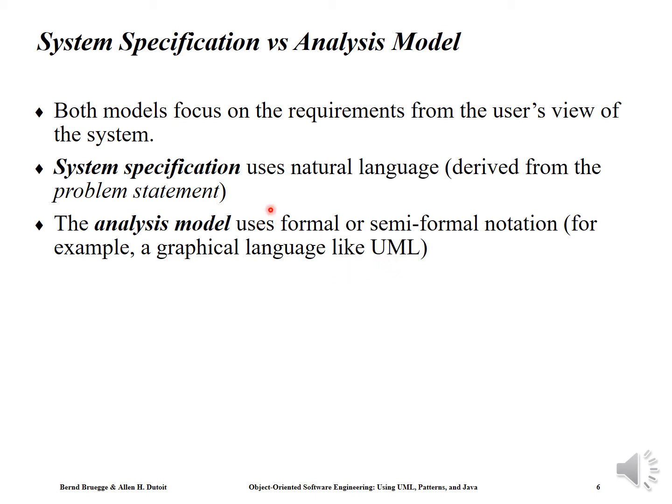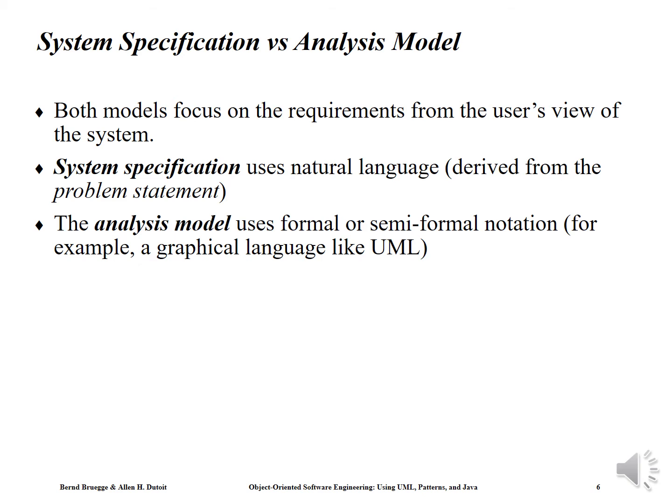The requirement specification supports the communication with the client and with users. The analysis model supports communication among developers. They are both models of the system, so they represent the same aspects of the system. Requirement elicitation and analysis can occur concurrently and iteratively.